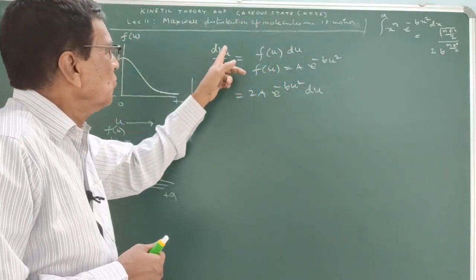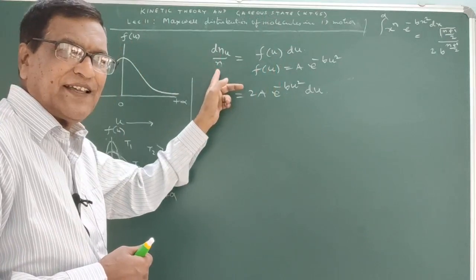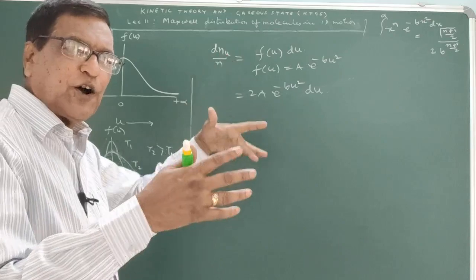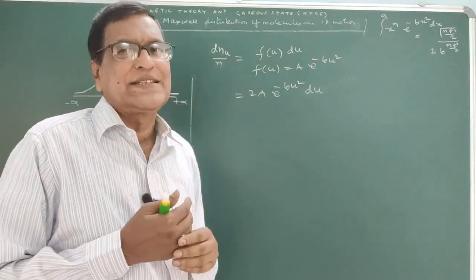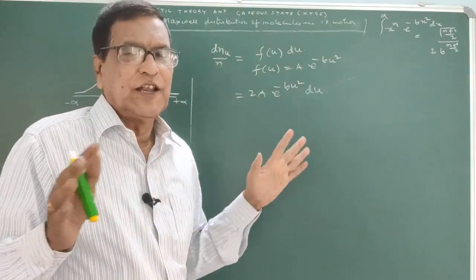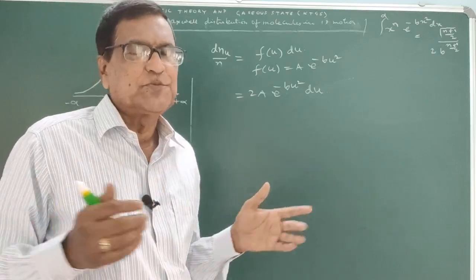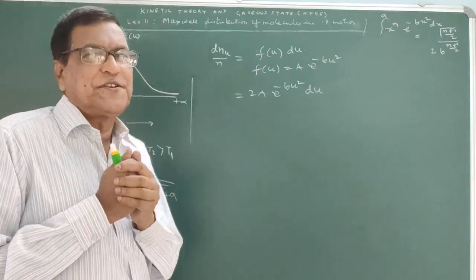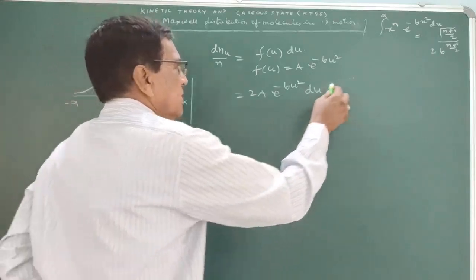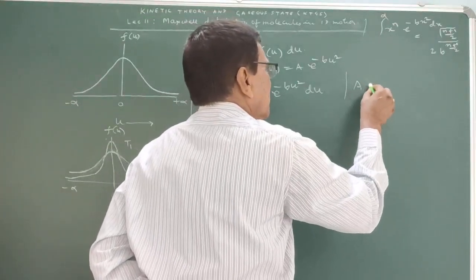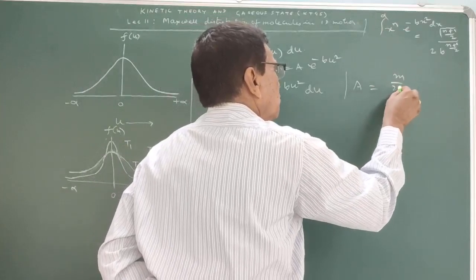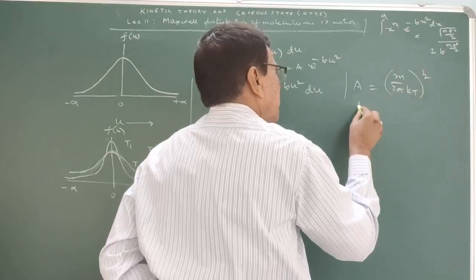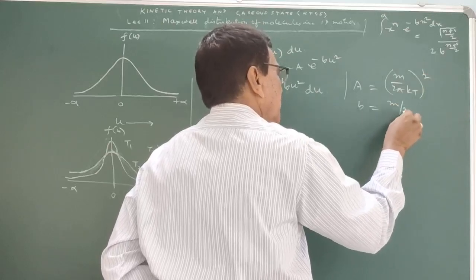So this value, the fraction of molecules or probability of a molecule, becomes twice the value as when it is moving from minus infinity to plus infinity. Now here also A equals m by 2 pi kT to the power half, and b equals m by twice kT.